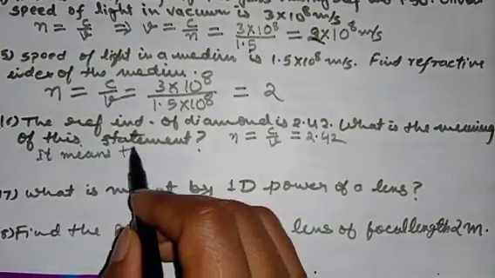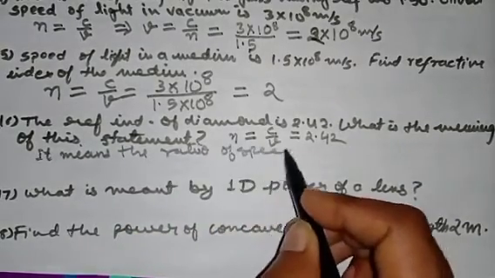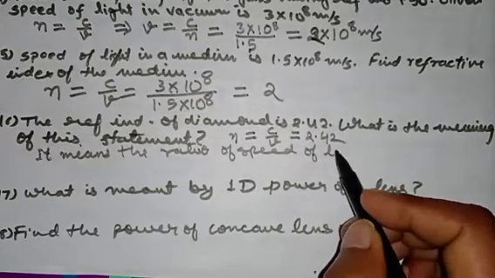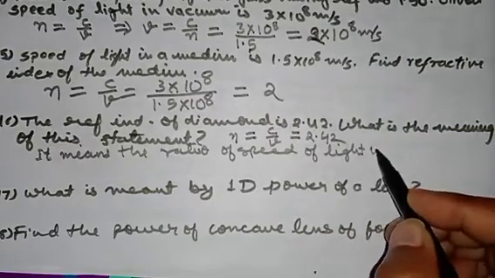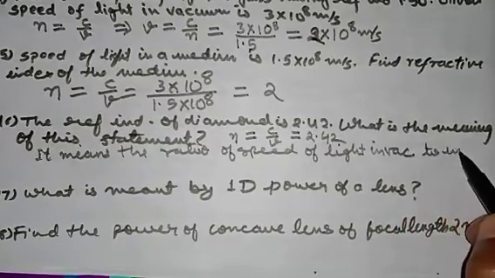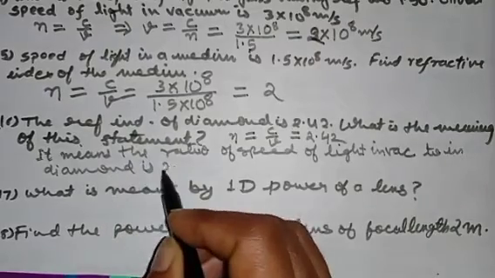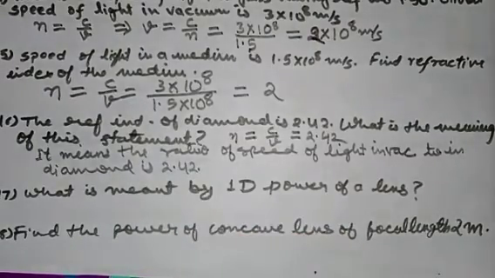It means the ratio of speed of light in vacuum to that in diamond is 2.42. Some people can also write that speed of light is 2.42 times greater in vacuum than in diamond. So there are many methods to express this.